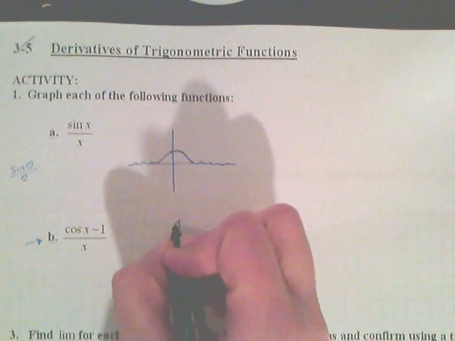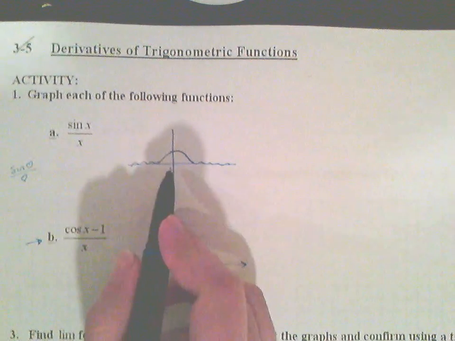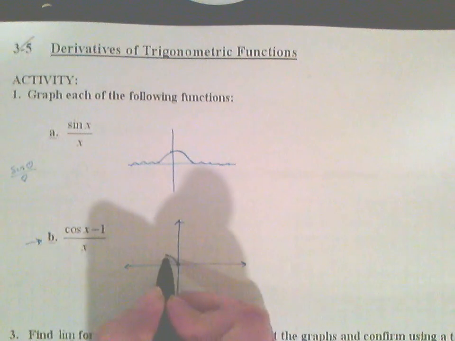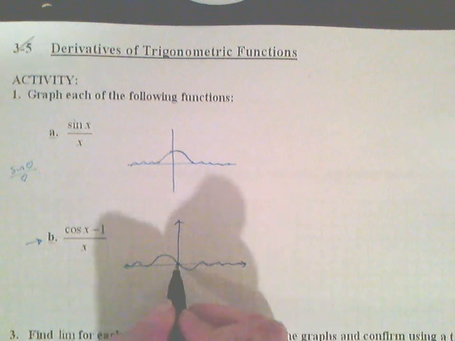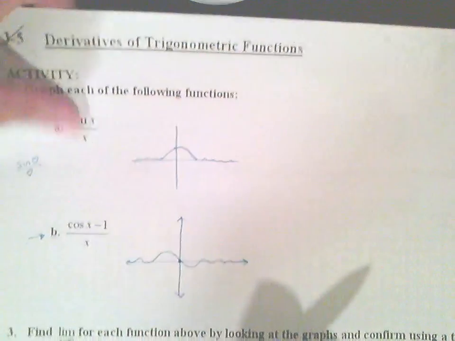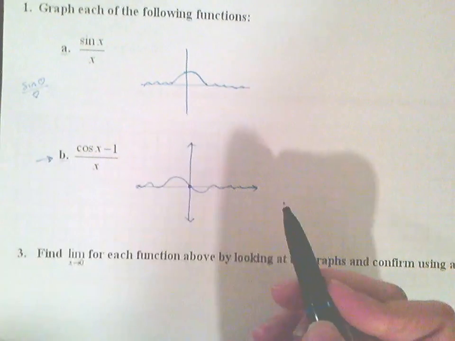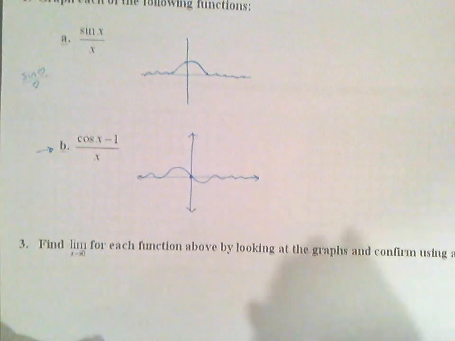Now if you graph the second one in the graphing calculator, you guys can do it to see, but this one does kind of the same thing, except as it approaches 0, it goes to 0. And then as it goes to infinity, it gets closer and closer to 0. So find the limit as x approaches 0 for each of the functions above.